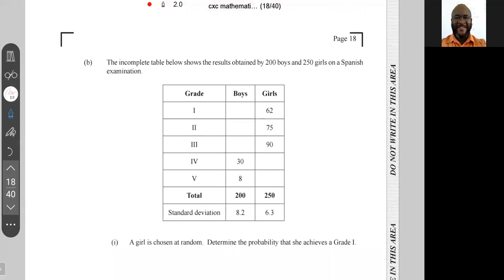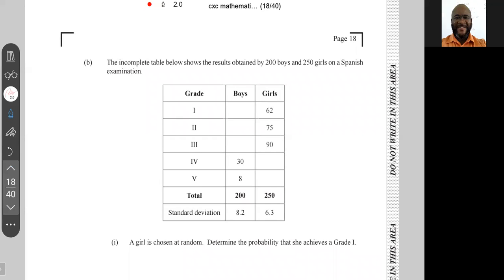We're asked, a girl is chosen at random. Determine the probability that she achieved a grade 1. So how many girls achieve a grade 1? All right, let's find that out. That's 62 girls, isn't it?